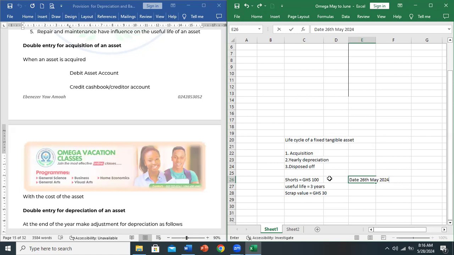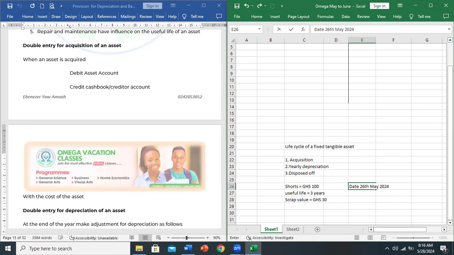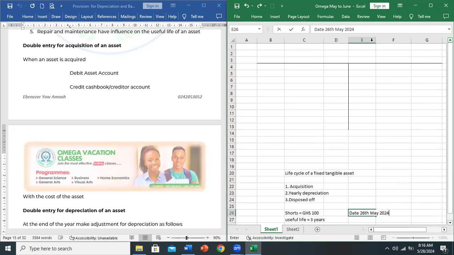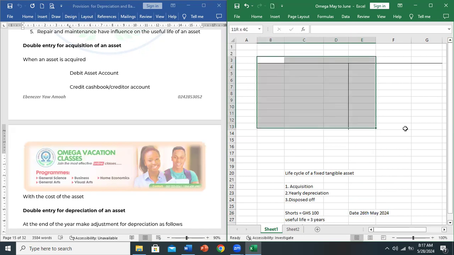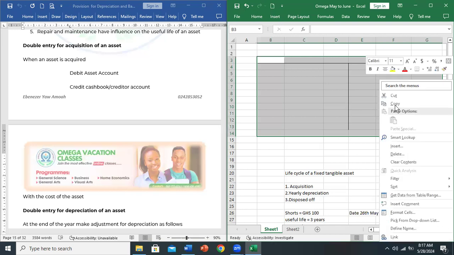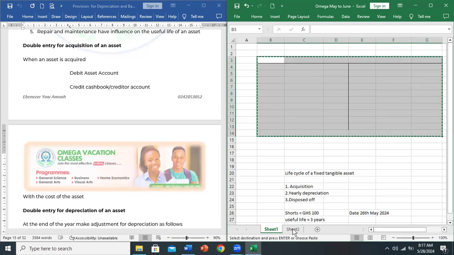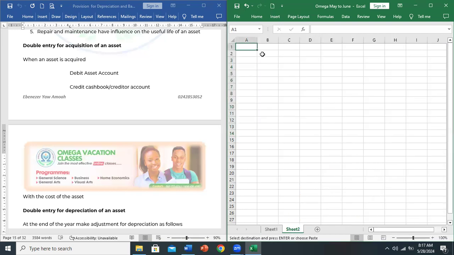Now, when you buy an asset, you need to record it in your asset account. So in the case of Mami, we need to open the asset shorts account. So let me open that asset shorts account. Please, if you have any question as we progress, feel free to ask me so that I can answer.